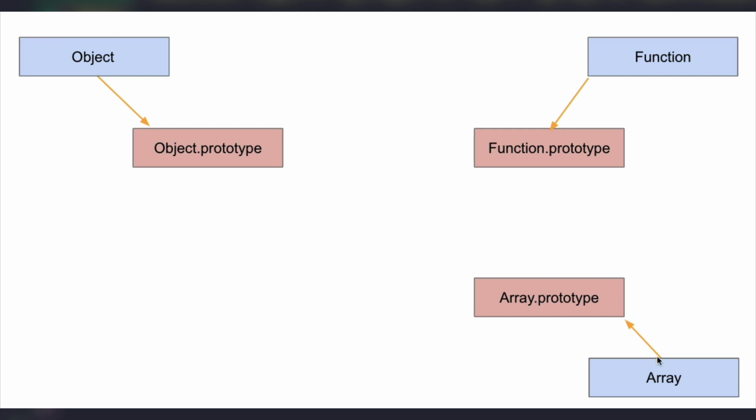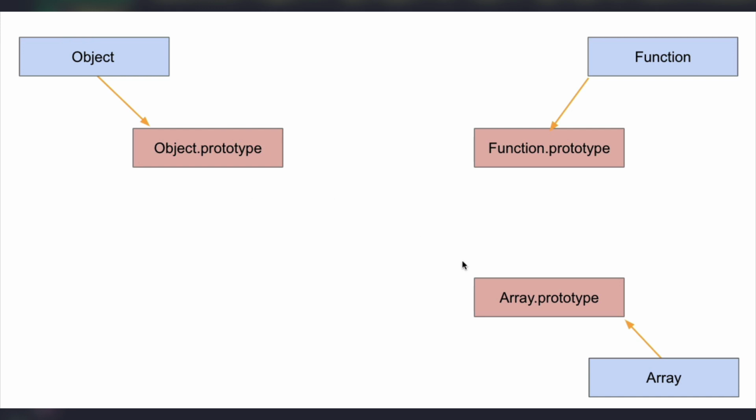And it also has a prototype property that points to its prototype object, which is Array.prototype. And Array.prototype has methods like .pop, .push, .splice, and all the other awesome array methods. So these prototype objects are objects. They cannot be used as constructor functions, right?